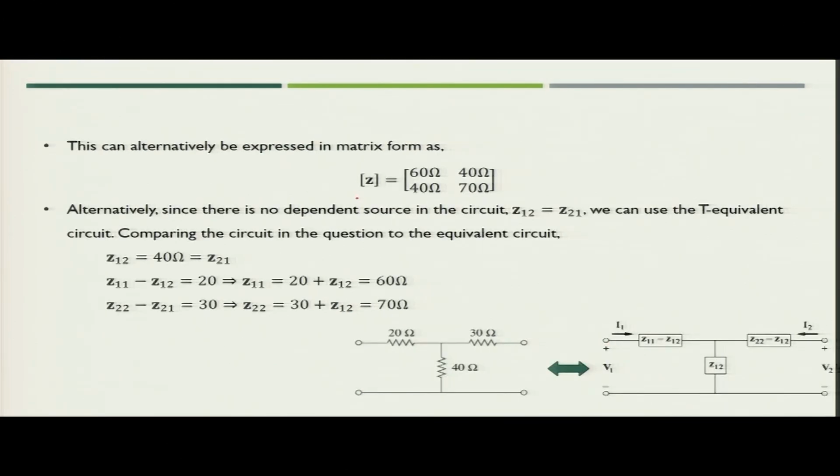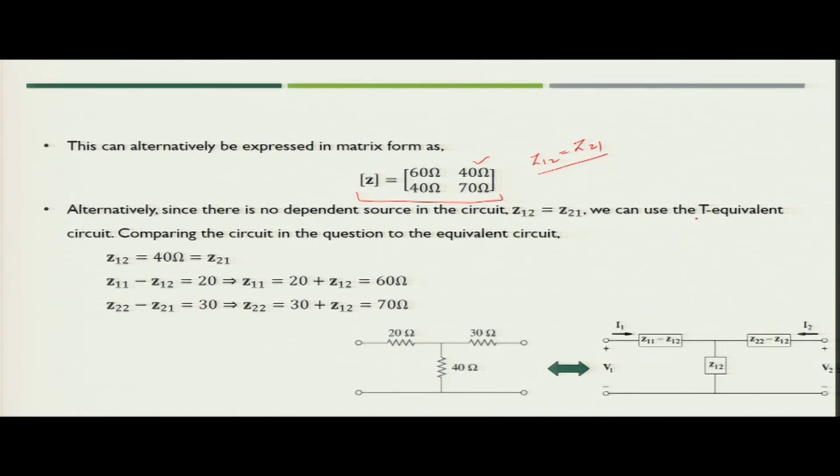So, now you can compile the Z matrix, which is nothing but Z11 as 60 ohm, Z12 as 40 ohm, Z21 again as 40 ohm, and Z22 as 70 ohm. Now, if you see this particular matrix, you will see that Z12 is equal to Z21. What does it mean?